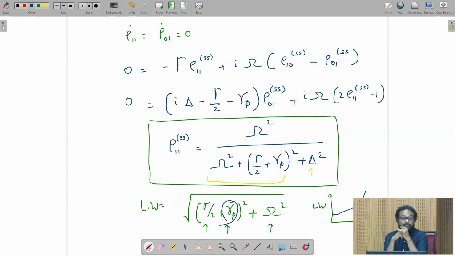In fact, hopefully in the course I will demonstrate that we can separate this out in 2D spectra. In 2D spectra, unlike resonance fluorescence, you can separate out homogeneous line width or pure dephasing from inhomogeneous broadening. The Gaussian and Lorentzian can be separated out, which is something that we will see, hopefully.